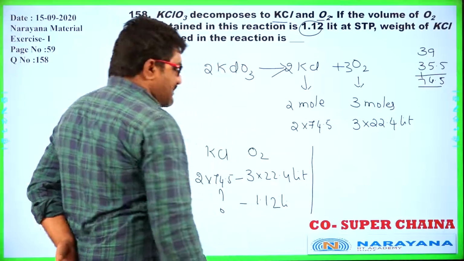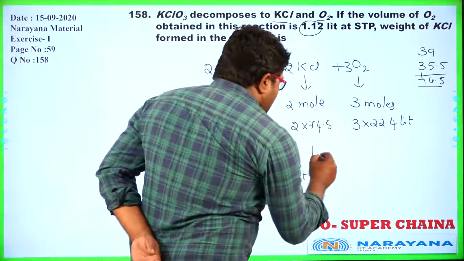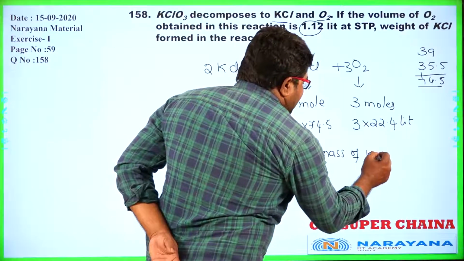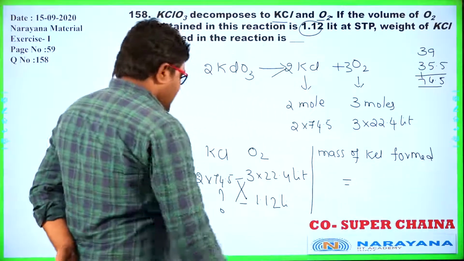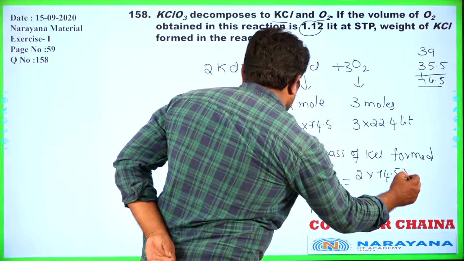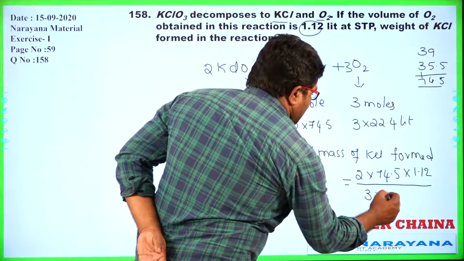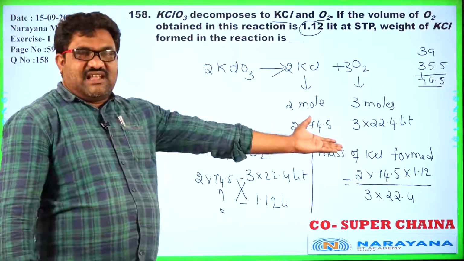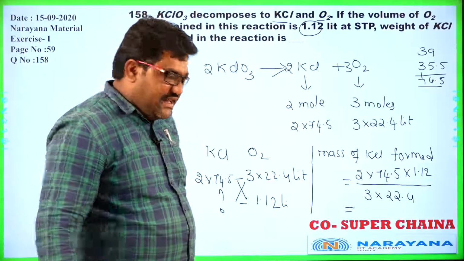From this comparison, by cross multiplying, I am going to calculate the mass of KCl formed, which is equal to 2 into 74.5 into 1.12 divided by 3 into 22.4 liters.